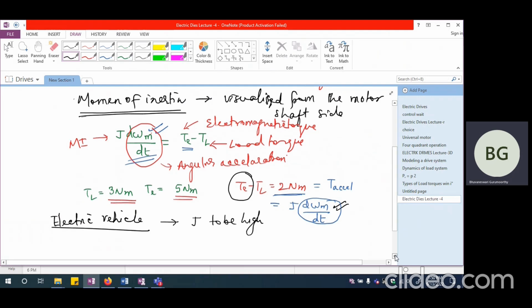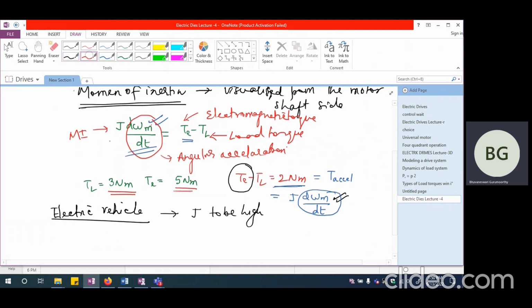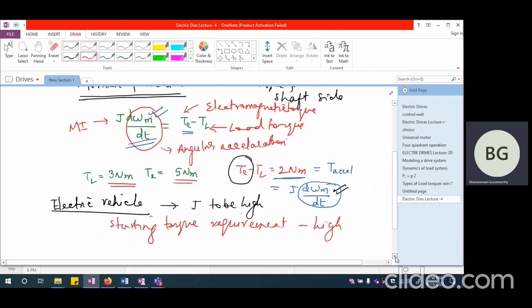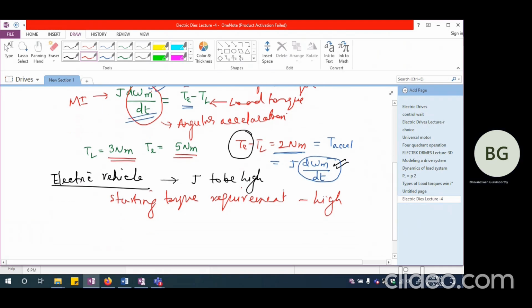That is the reason why the starting torque requirement for electric vehicles is really, really high. So the inertia plays a huge role in deciding how quickly your drive system would respond.